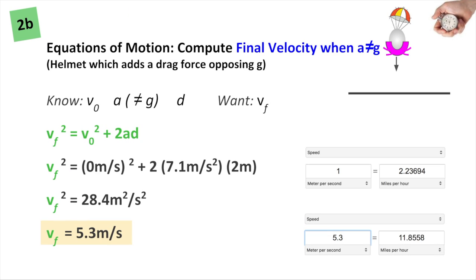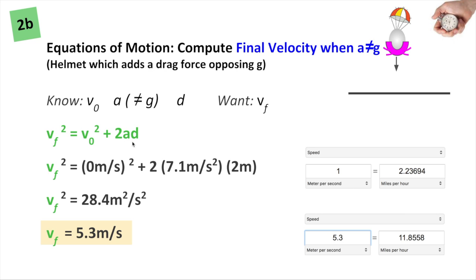Now, what can I do with that non-g acceleration? Why do I care about it, and why did I need to compute it? Well, here's what it can tell us. Now that I know what the acceleration of the egg is when it's in a protective device, I can go back to my first kinematic equation I used in problem 1, v final squared equals v0 squared plus 2ad.